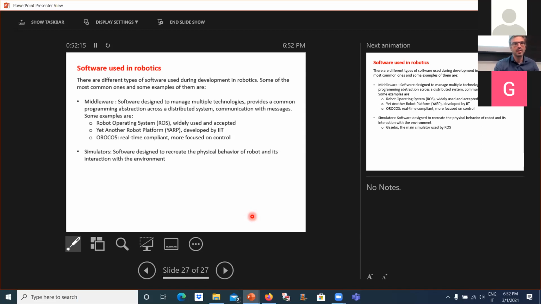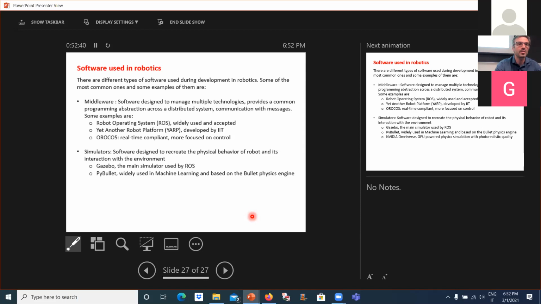As simulators, as I said, they are software designed to recreate the physical behavior of the robot, so to integrate its dynamics and see how it interacts with the environment. The most famous one is Gazebo, which you will use in your Python labs, and is tightly interacting with ROS. And we have PyBullet, which is mainly used by the machine learning community.